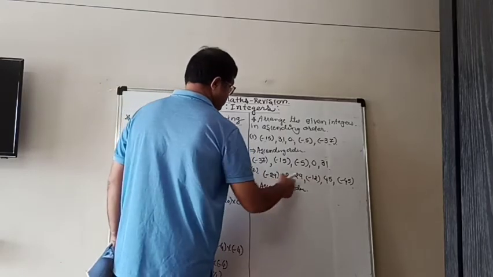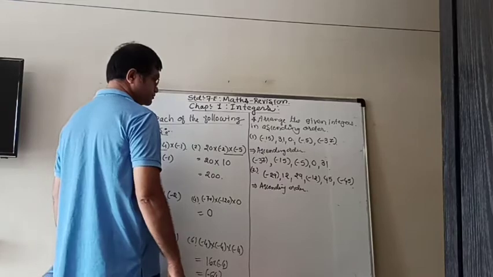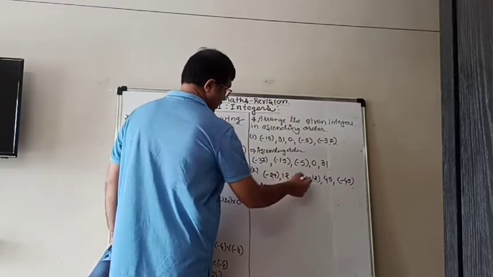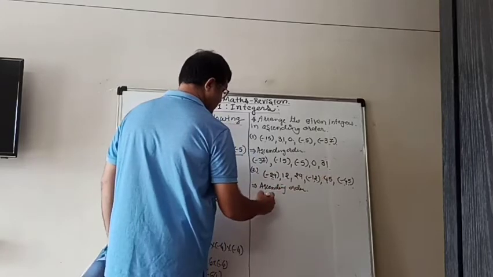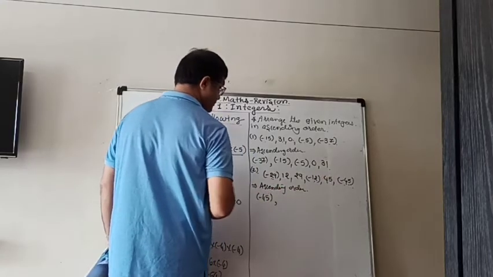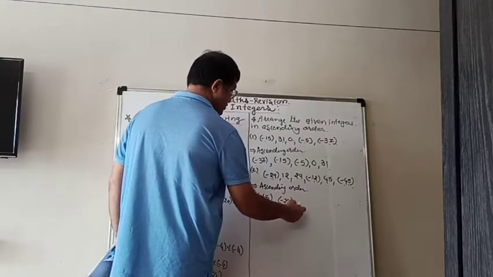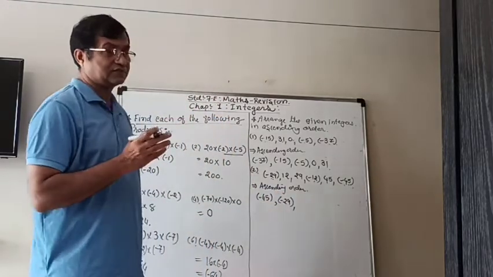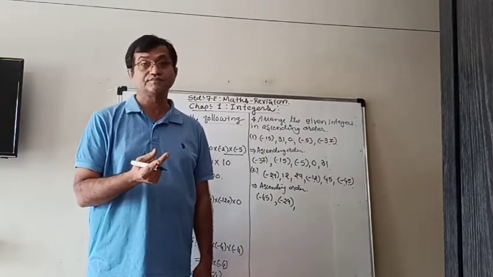So you can see that all numbers are the same, all positive and negative. So first, among these 3 negative numbers, -45 is the smallest number. In the negative numbers, you have to remember that smaller is bigger and bigger is smaller.